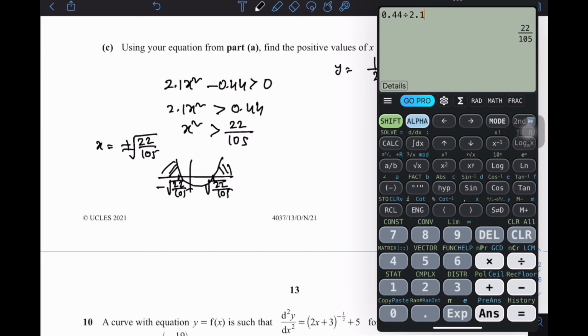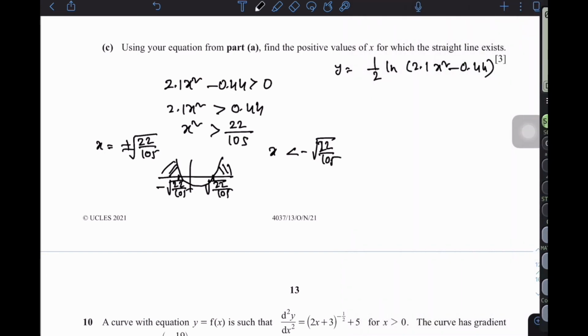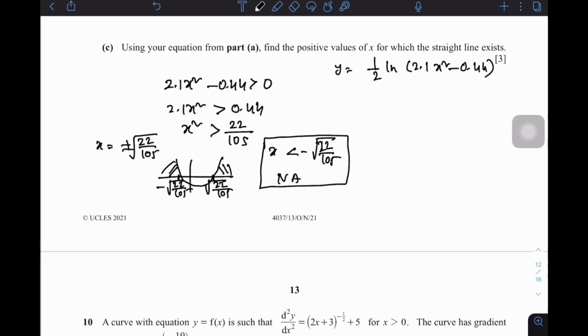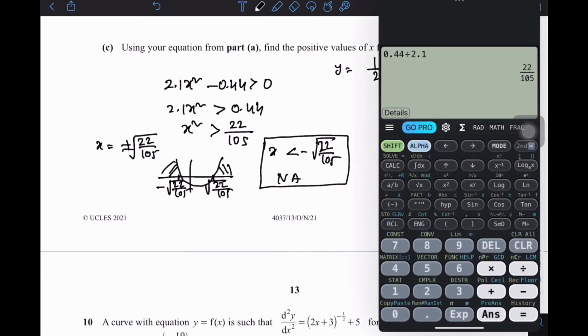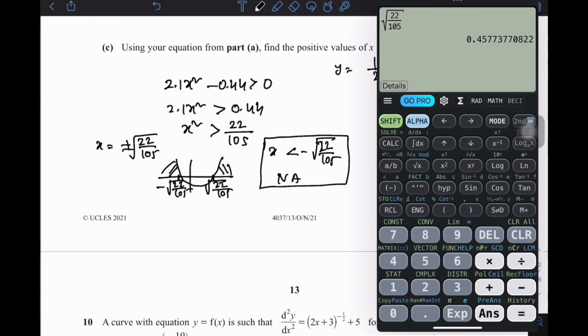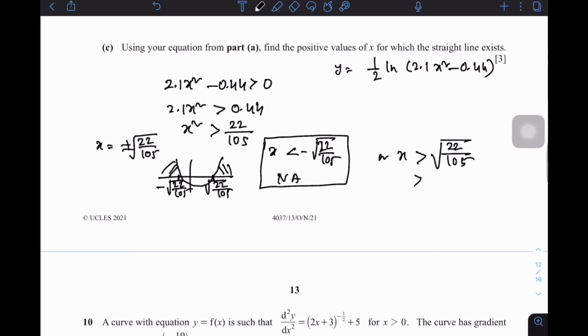Whether x can be less than minus root over 22 by 105, this is absolutely not acceptable since x cannot be negative, or x greater than root over 22 by 105. This is alright. 0.458.